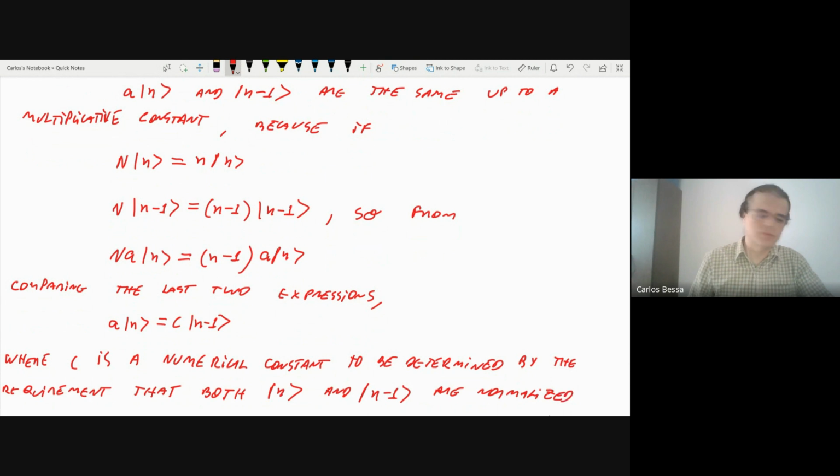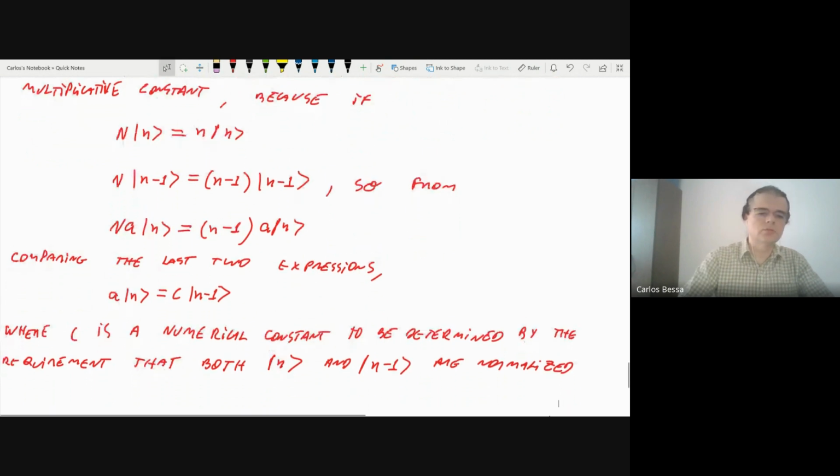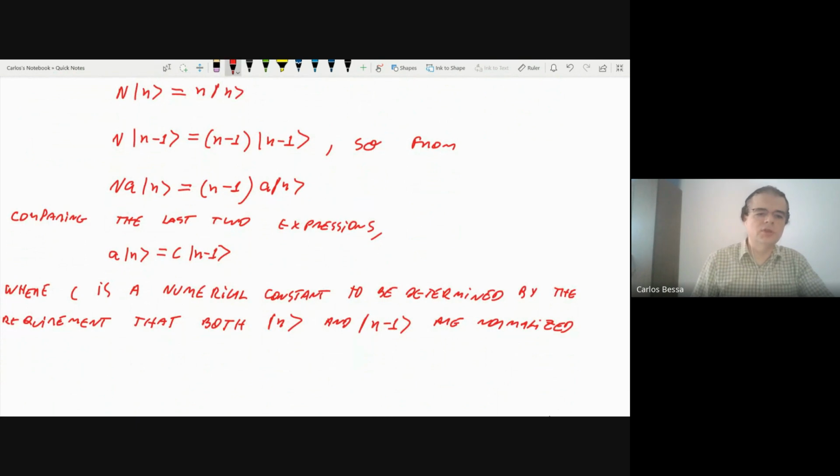Okay, so using this expression, note that the bra of this a dagger multiplied by this a n is just c conjugate c times n minus 1 n minus 1.